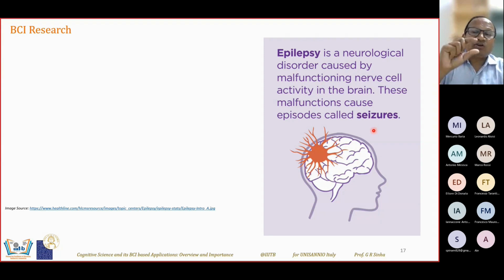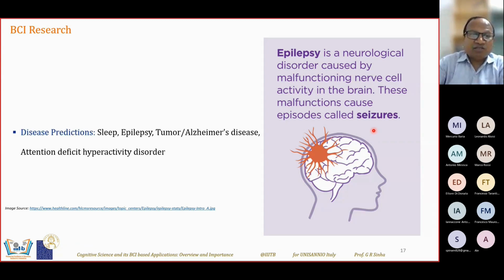So epilepsy is a brain disorder, and there is a lot of evidence-based research that tells that epilepsy treatment is done by a number of BCI-based solutions. By the way, a number of companies are working and BCI applications are coming. They are being used to provide treatment to people affected with epilepsy and other kinds of disorders.